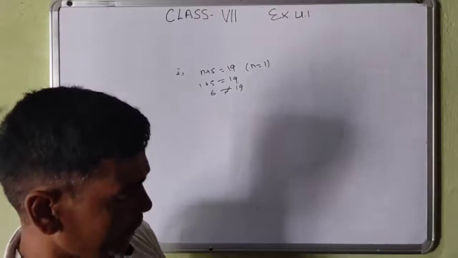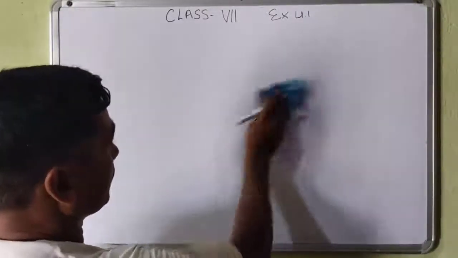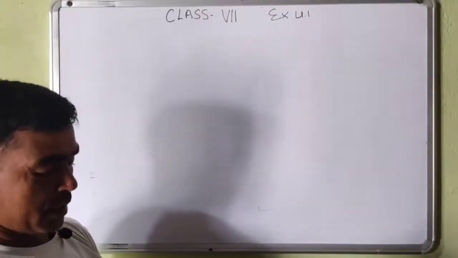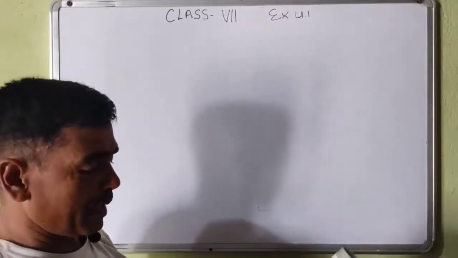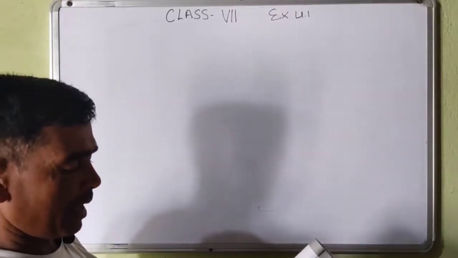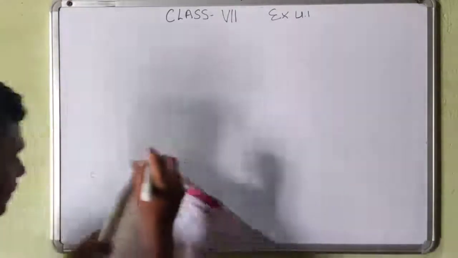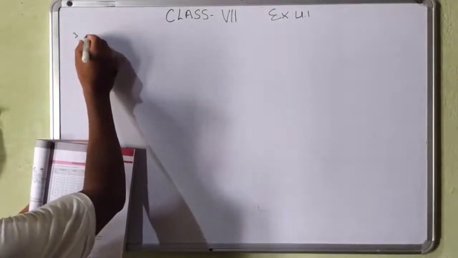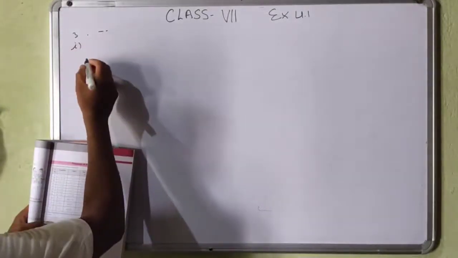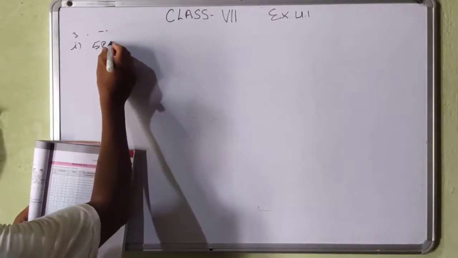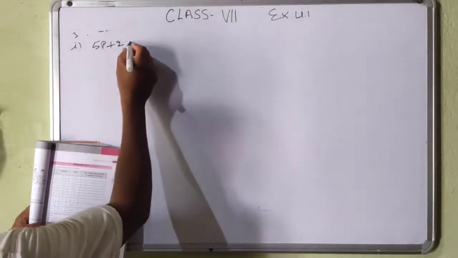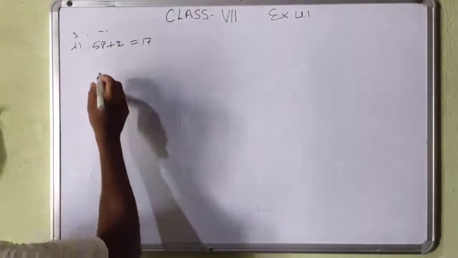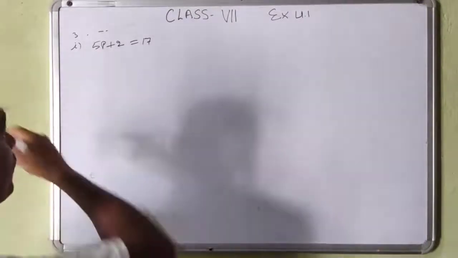Okay, and from the third question we will see on the blackboard. Solve the following equation by trial and error method. Third question, first part: 5p plus 2 is equal to 17. First we subtract 2 from both sides.